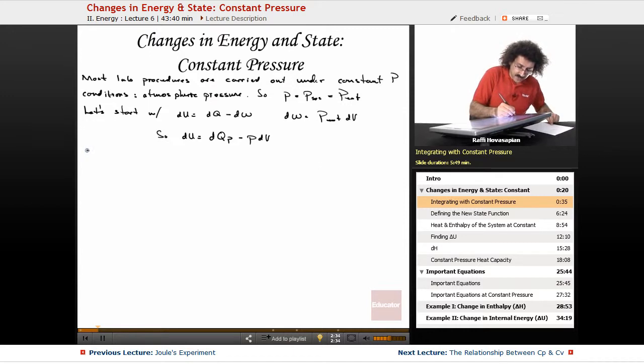Since P is constant, again, this is just the first law of thermodynamics.